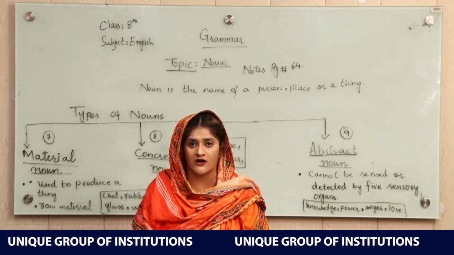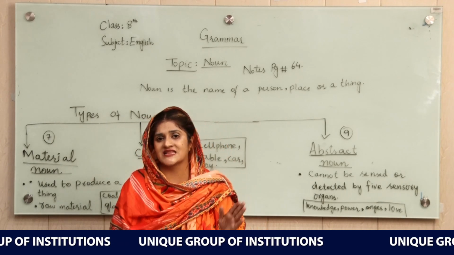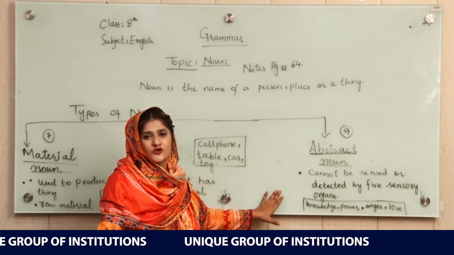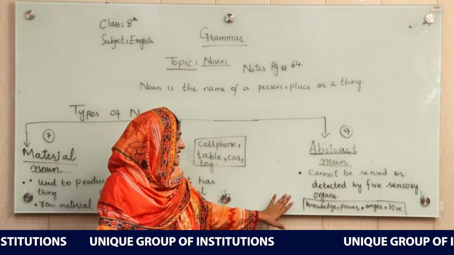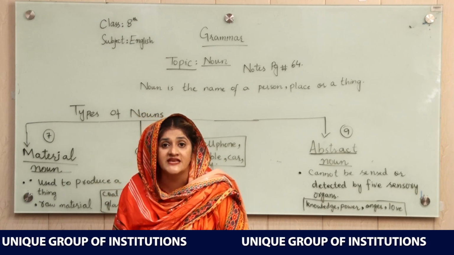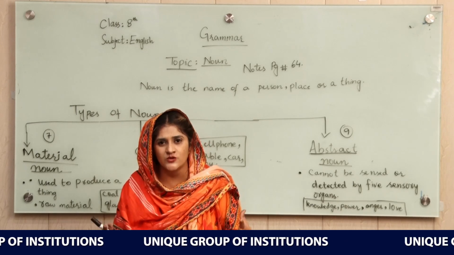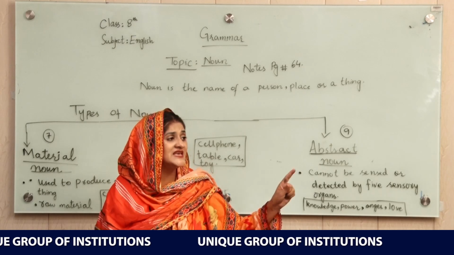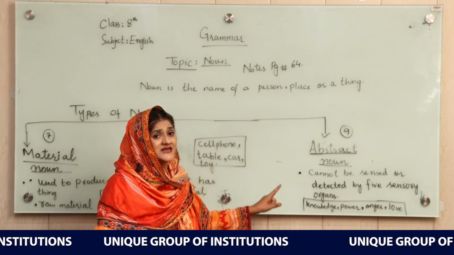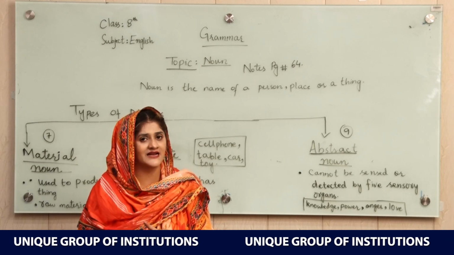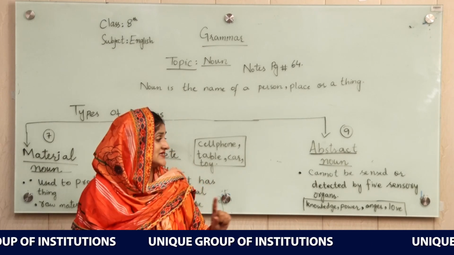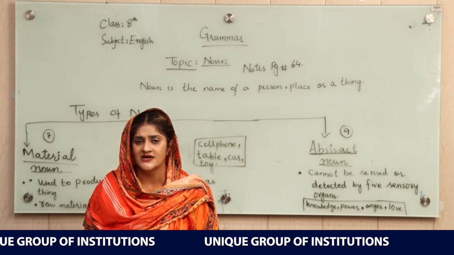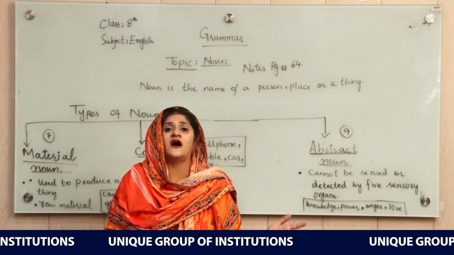Your 5 sensory organs, with which you can hear, see, speak, these organs cannot detect it. For example, if I tell you I have knowledge, I cannot show you or tell you how much knowledge I am having. These are things we cannot sense or detect with our sensory organs. If I talk about power, that this person has power, I cannot tell you how much power he has.